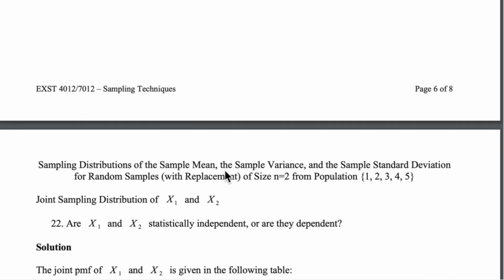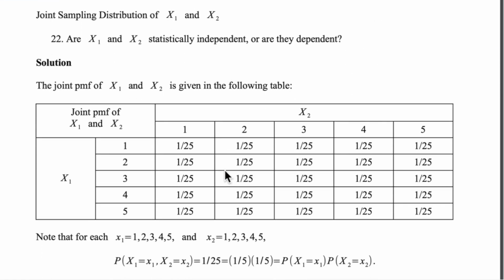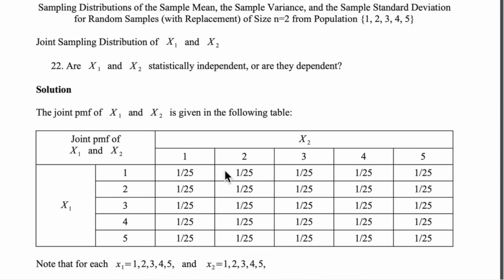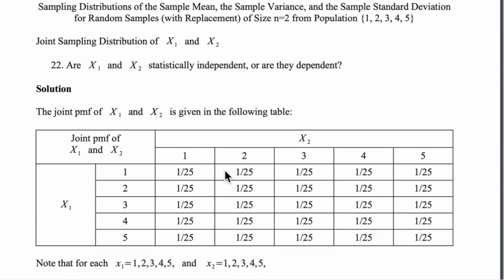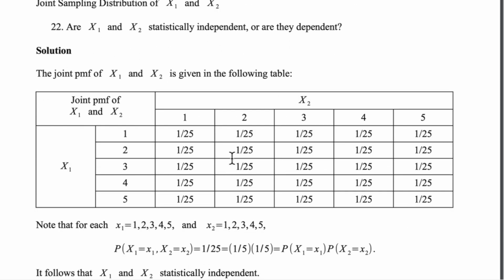Okay, so let me scroll down here. All right, so here is the joint PMF, the joint sampling distribution for X1 and X2. You'll see here in this column I've got the values that X1 takes on, 1 through 5. And then my columns correspond to the values that are taken on by X2, again 1 through 5.